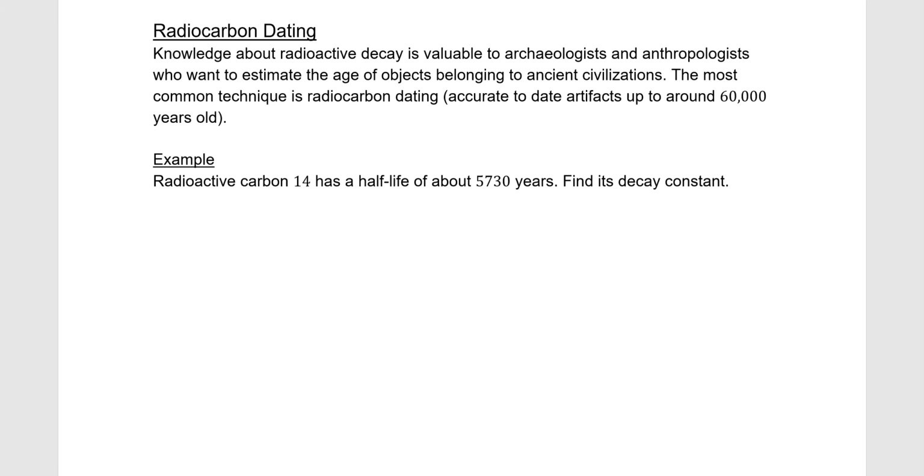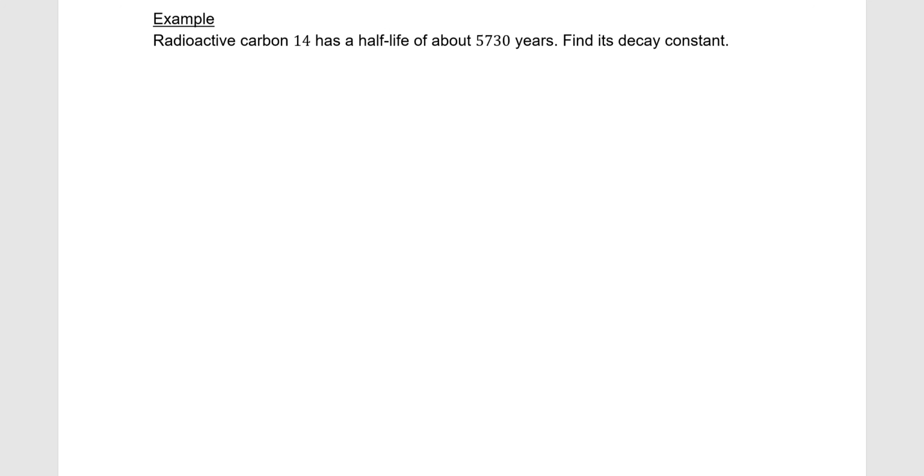So let's go ahead and write down our model. P of t equals P naught e to the kt. Or sorry, we should write this as e to the negative lambda t. So we know that we're looking for lambda. And we also know that the half-life is 5,730.